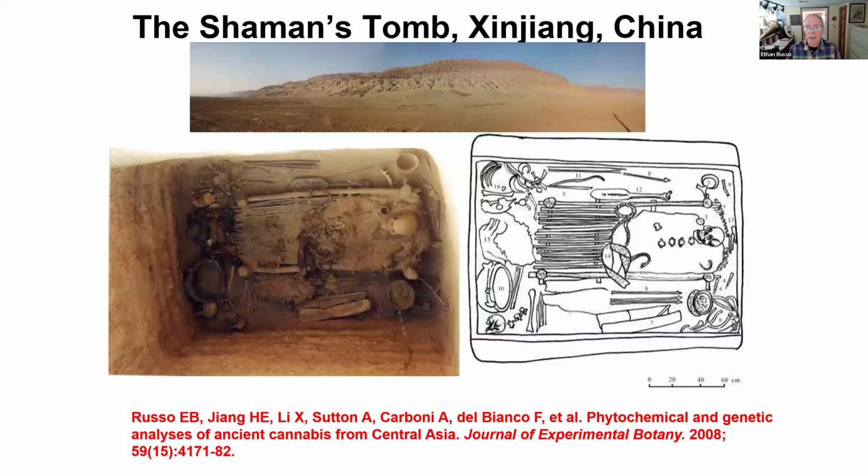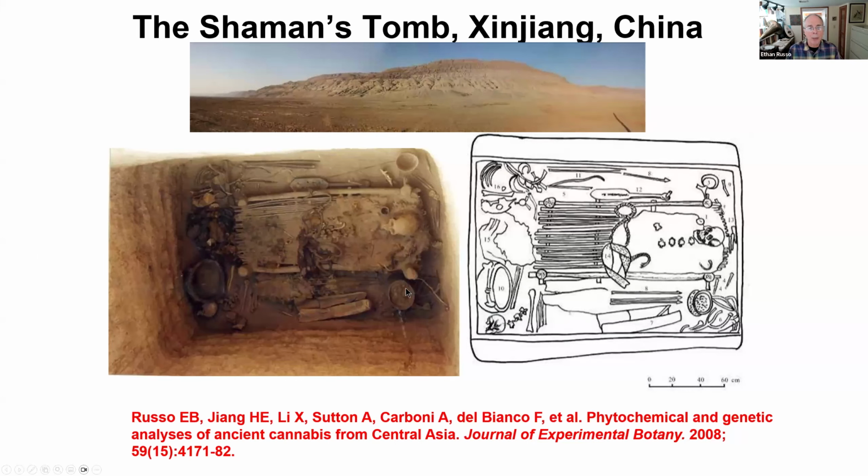Switching back to ancient Central Asia, this is a study in which I was engaged somewhere in the years before 2008. This tomb had been discovered of what was presumed to be a shaman. He had likely died in the mountains, but had his bones brought to this area.